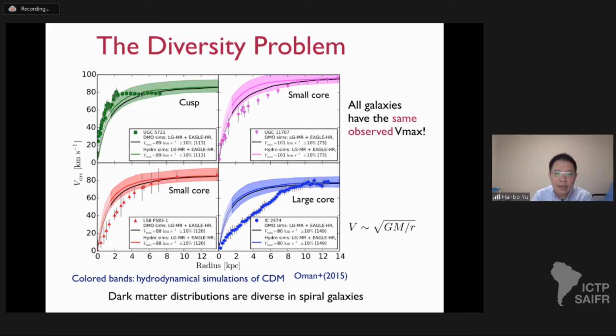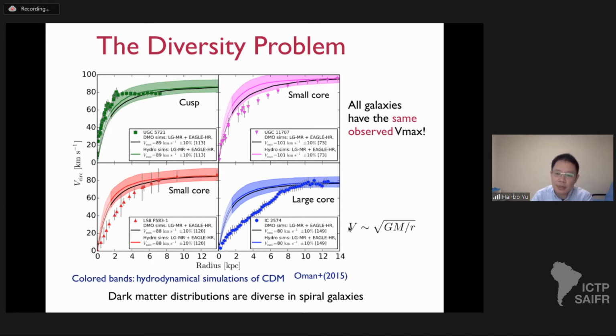And there are colored bands. These bands are from hydrodynamical simulations of CDM. What you can see is that for this galaxy, the agreement is very good. For this galaxy, the CDM simulation breaks down, inconsistent with observations. And for these two, the tension is much milder. So the diverse rotation curves of spiral galaxies actually indicate that dark matter distributions are diverse in spiral galaxies as well.